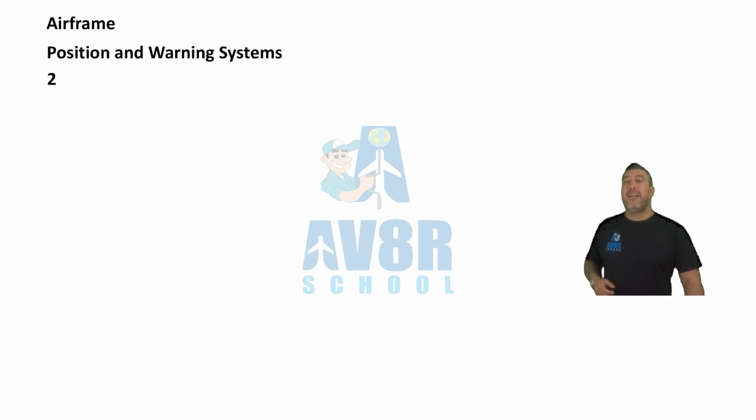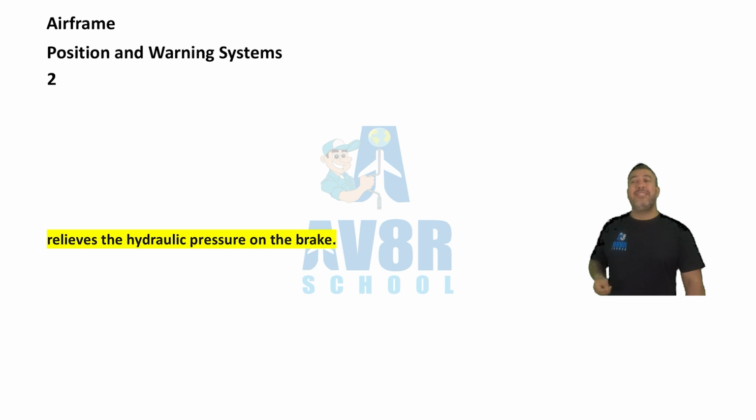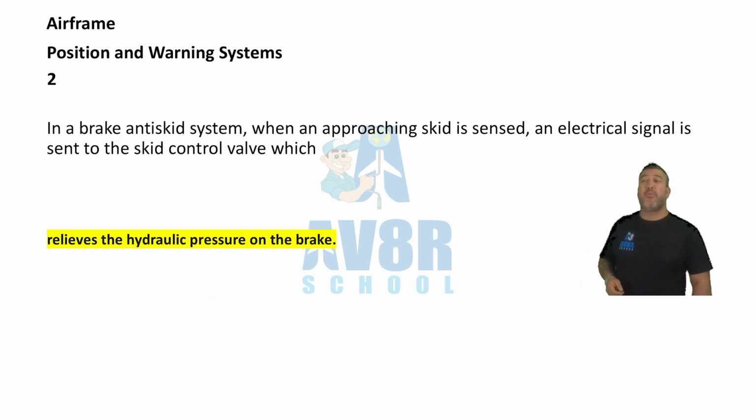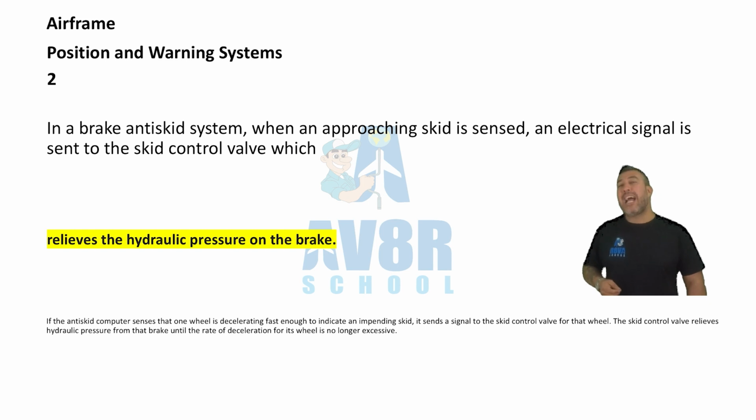Number 2, relieves the hydraulic pressure on the brake. So in a brake anti-skid system, when an approaching skid is sensed, an electrical signal is sent to the skid control valve, which relieves hydraulic pressure on the brakes.